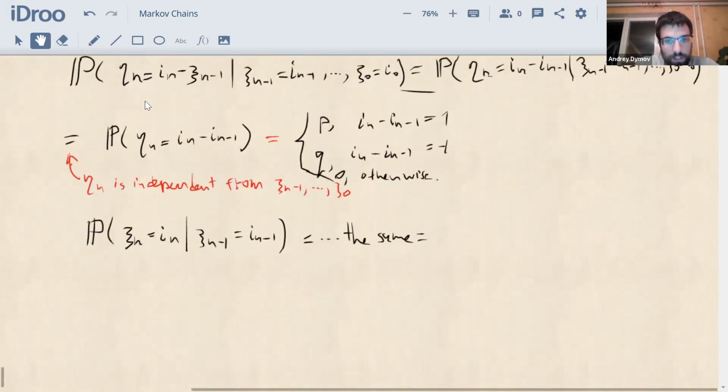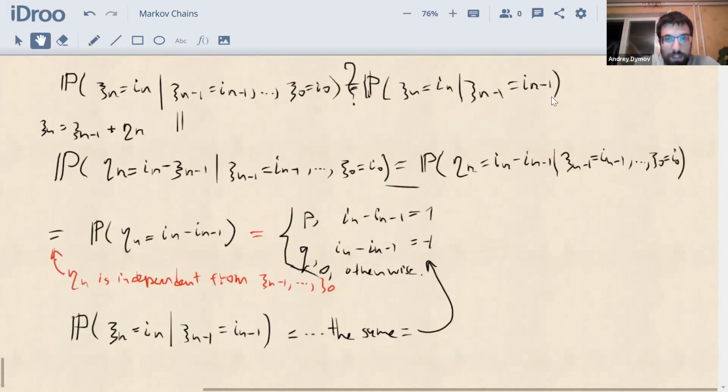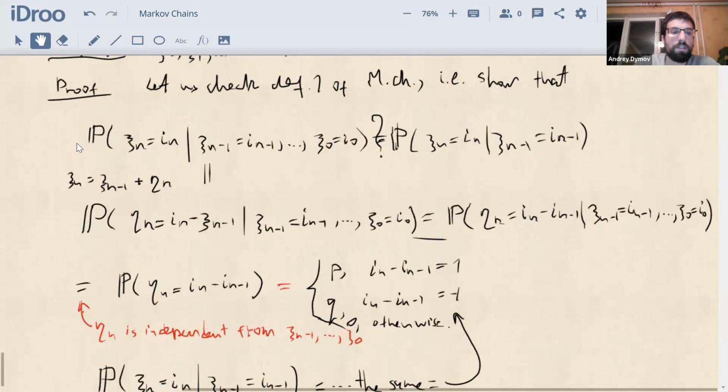I'll get exactly the same. So this argument will lead me to exactly the same formula. This means that these probabilities are equal, and this means that we have checked the definition of the Markov chain. Actually, in the definition there were two items. The first item stated this equality, and the second item stated that this probability equals the transition probability.